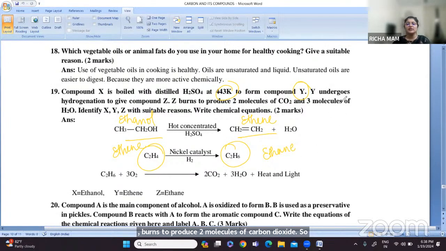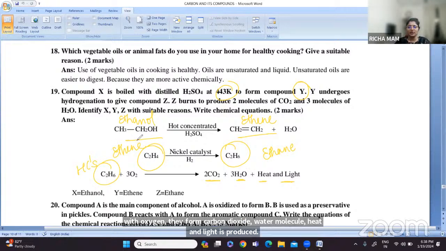When ethane reacts with oxygen, it forms carbon dioxide, water, heat and light. Ethane is a hydrocarbon. When hydrocarbons react with oxygen, they form carbon dioxide and water, and heat and light are produced. So what are X, Y, and Z?